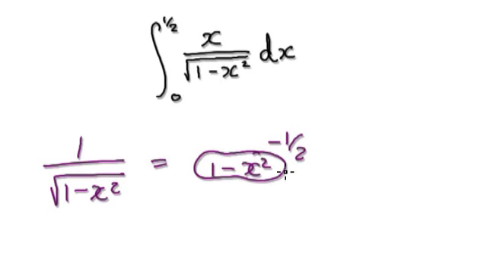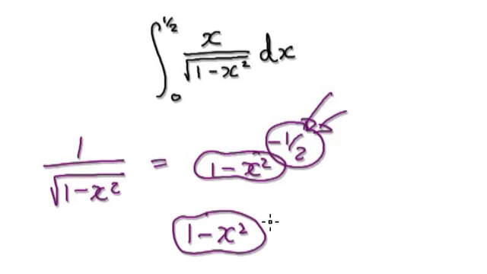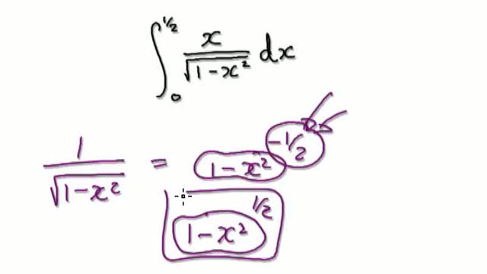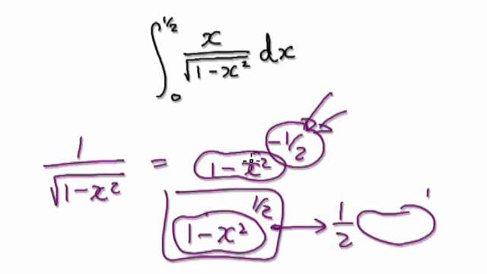So if you want to try and integrate this, you would need one notch higher than this, which will be 1 minus x squared, and then one notch higher than this would be a half. So make this to be your initial guess. When you differentiate this, it will give you a half, and blah blah. The bubble stays intact. Well, you can integrate this straight away without having to use substitution.